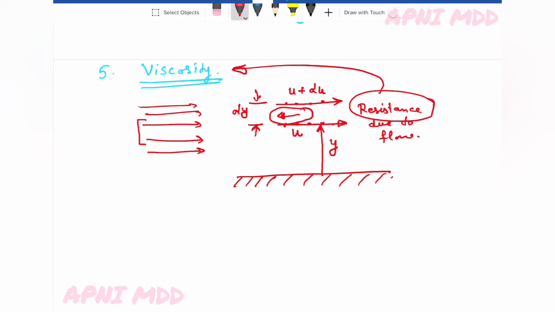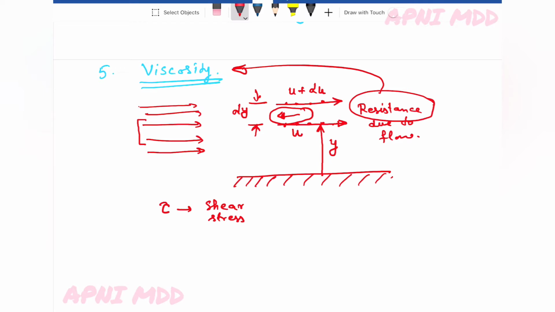Okay. Now we can write tau, the resistance force per unit surface area between the two layers. Now this tau is the shear stress between these two successive layers.